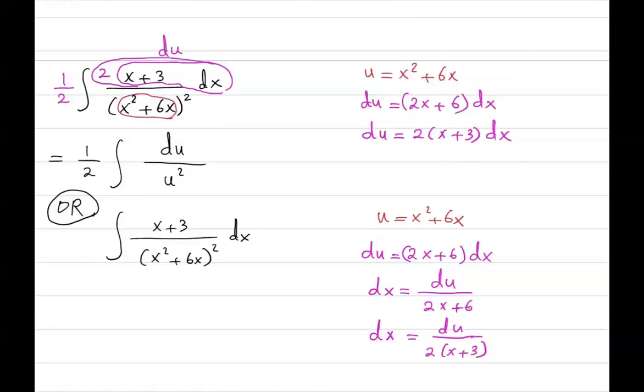So your integral becomes the integral of x plus 3, and instead of dx, write down du divided by 2 times x plus 3, and on the denominator you have u to power 2.